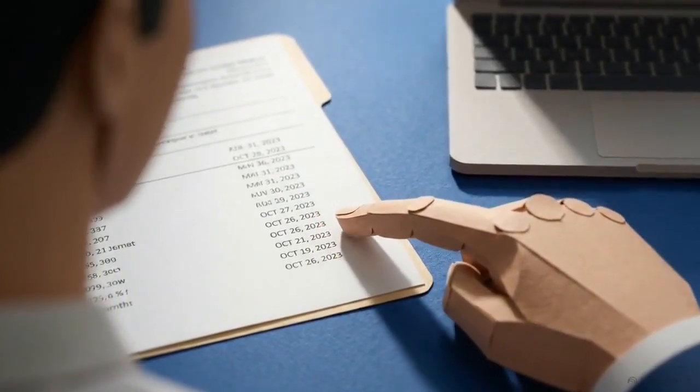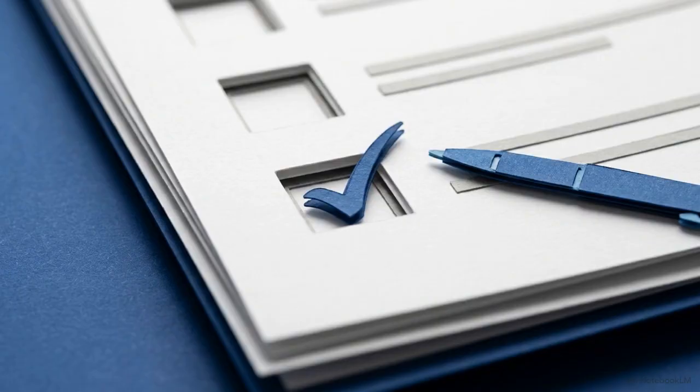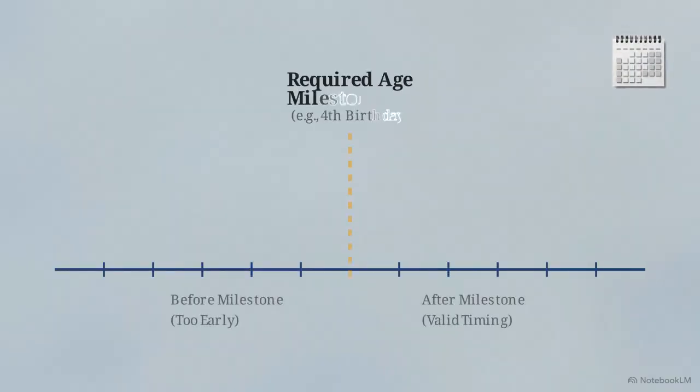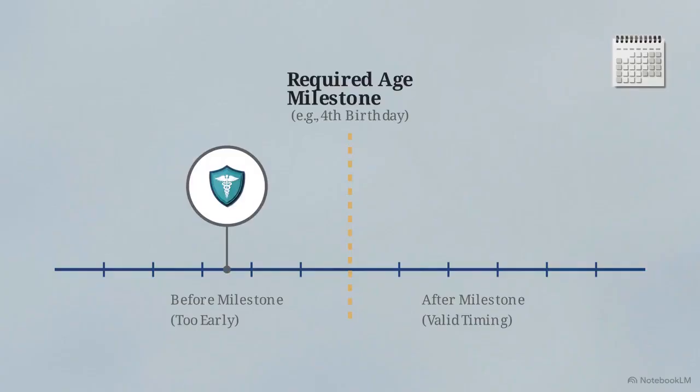Do not assume that a simple checkmark on a clinic printout means a vaccine series is legally complete. North Dakota enforces a strict policy known as the timing rule, which dictates exactly when those vaccines are considered valid. If a dose was administered even 1 day before a required age milestone, the state categorizes it as legally invalid.